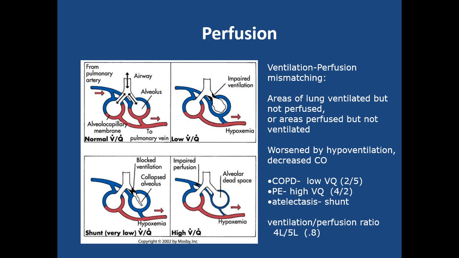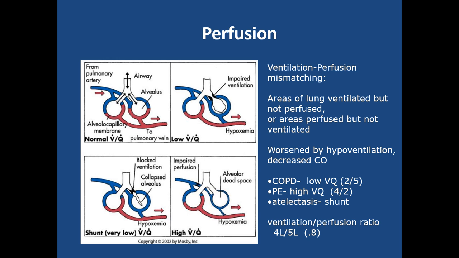We also have to talk about perfusion or blood flow. As I explained earlier, we have both ventilation and perfusion going on at the same time, which is usually matched in that 4 liters of air are inhaled per 5 liters of blood that flow through the lungs. So when they're in balance, 4 to 5, we have a ventilation perfusion ratio of about 0.8.